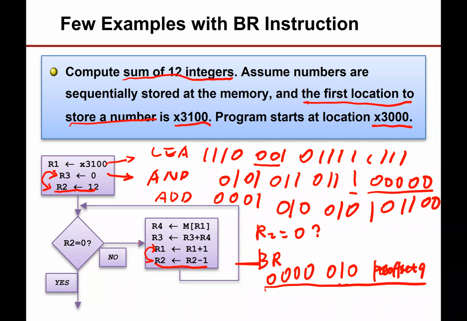If you change the sequence, then the last one is R3. R3 is set to 0, so this one is not R2 equals 0 or not; it would be R3 equals 0 or not.